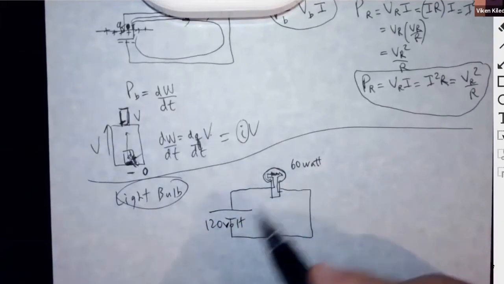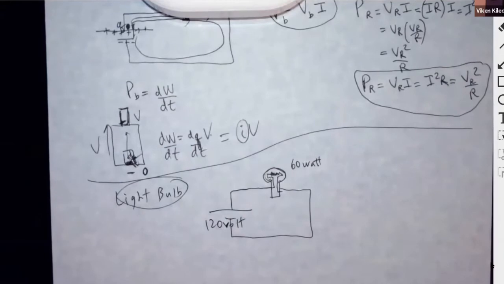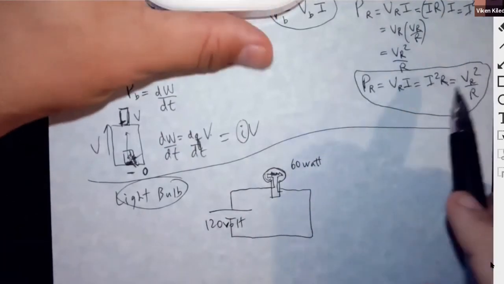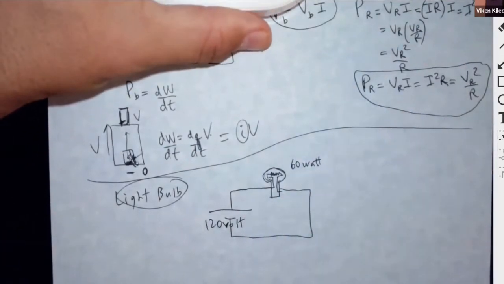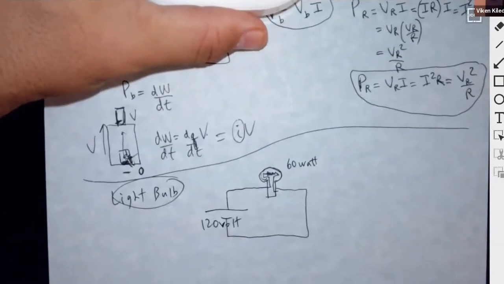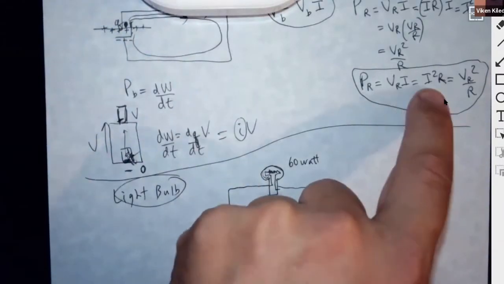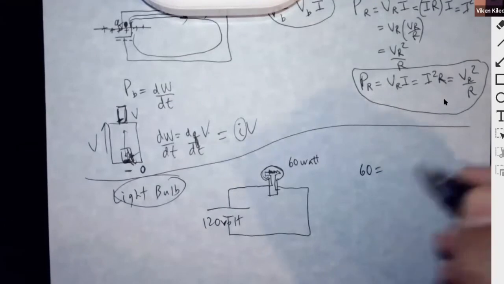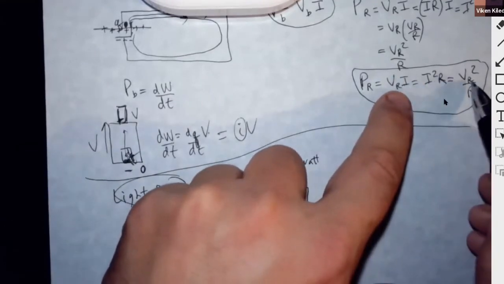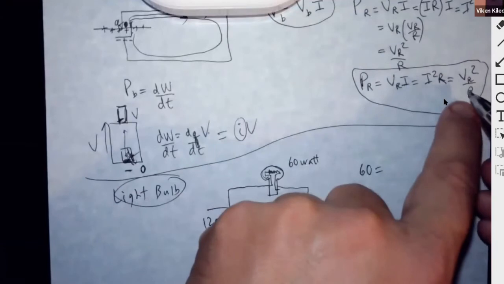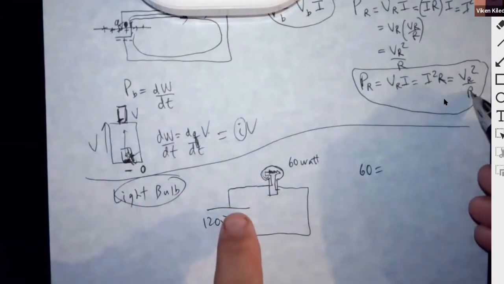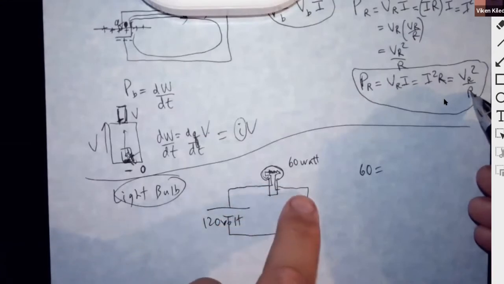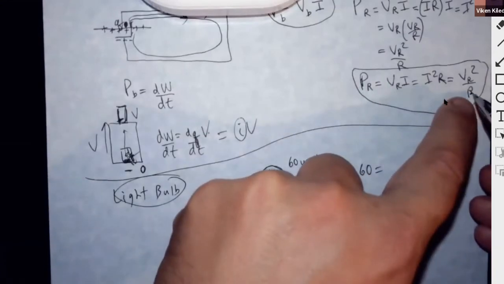So from there, we could actually calculate the resistance of the light bulb. We could look here at the power of the light bulb and say, okay, this is 60. And you look at these three equations. In this case, the easiest one to use is this one. If I don't want to have to calculate the current in this circuit, then I can say, well, what's the resistance of the light bulb?